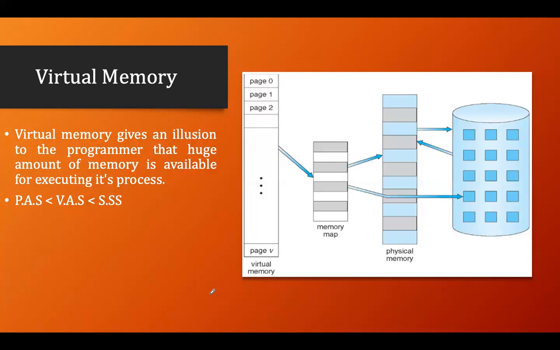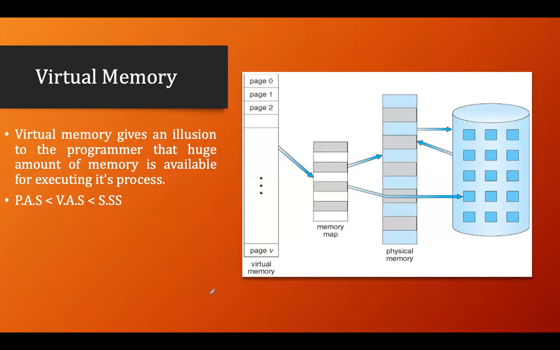The user doesn't know that the process is divided into a number of pages and that whenever pages are required, I am putting those pages into the main memory. That is hidden from the programmer, and the programmer thinks that whatever my process size is, I am getting the same size in the main memory, but it doesn't happen.